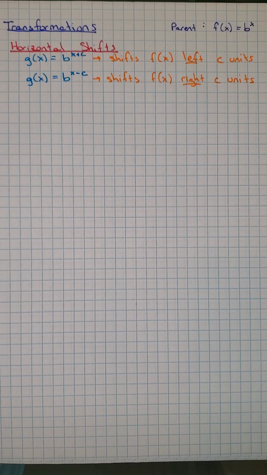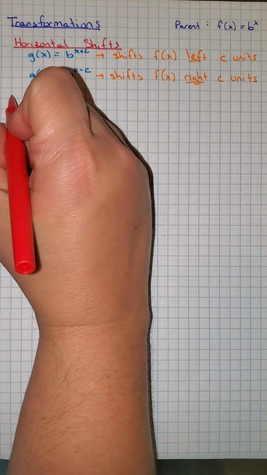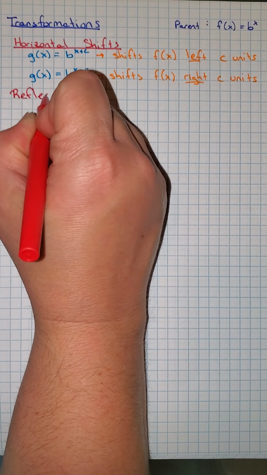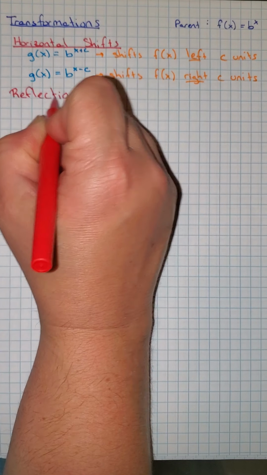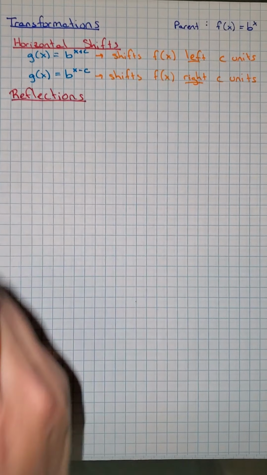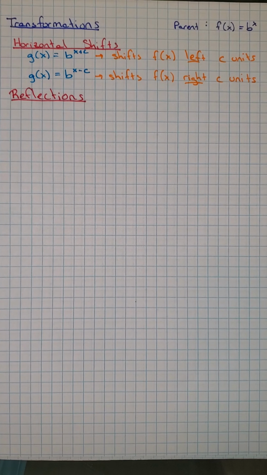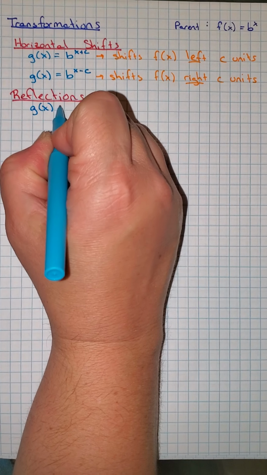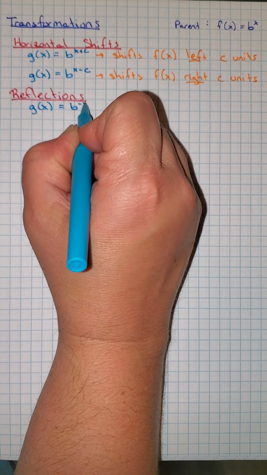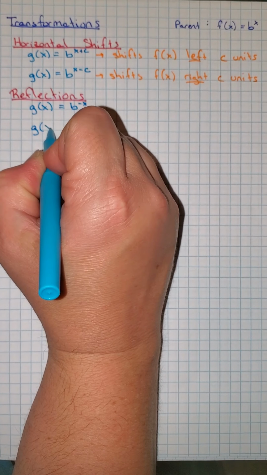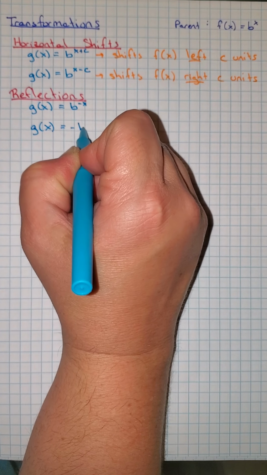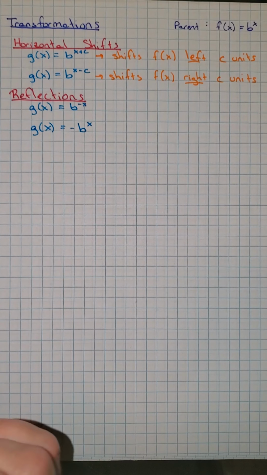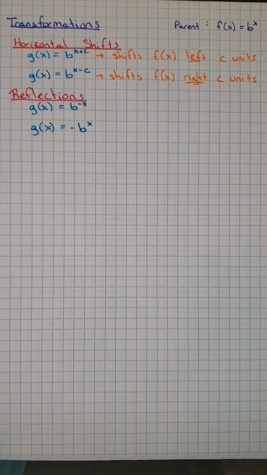The next thing you would do are your reflections, or your flips. This is your negative, either inside or outside the function. So g of x equals b to the negative x, or g of x equals negative b to the x. Remember I had that stupid thing, that whole inside-outside thing?